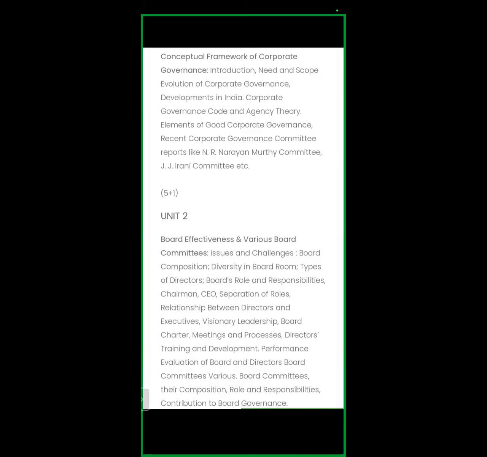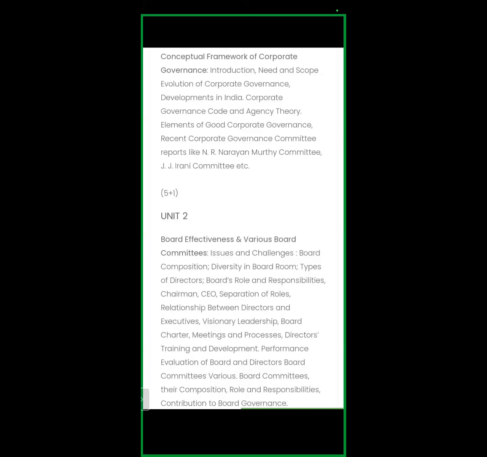Ease of doing business doesn't mean that companies can make the rules and regulations as per their wish. They can't change the rules and regulations whenever they want, but certain framework should be there, certain rules should be there.